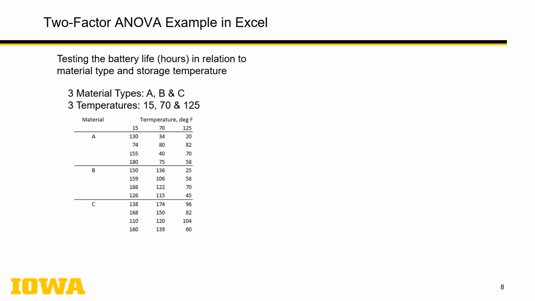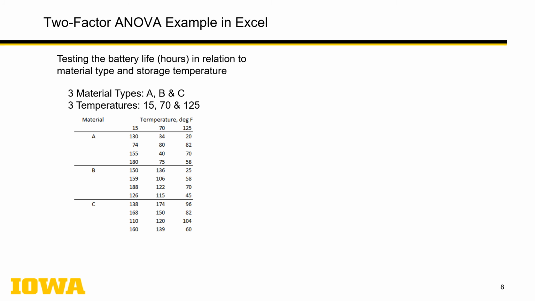Okay, and we'll finish with an example here of the two-factor ANOVA utilizing Excel. In this case, there's an experiment in which they're testing battery life. So the number of hours is the outcome in relation to different material types and different storage temperatures. And so they have two factors.